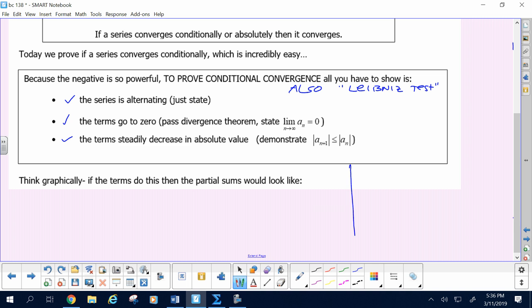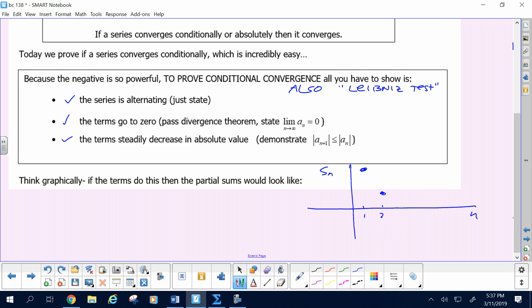If that happens, then as you add terms, say it starts off with one term and it's maybe this big. Let's say the first term was positive. The second term was negative.